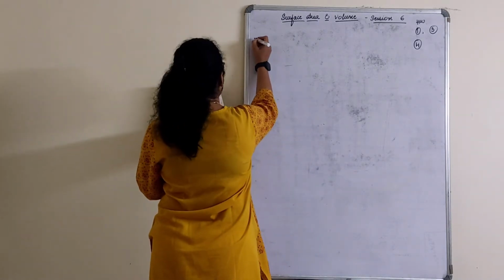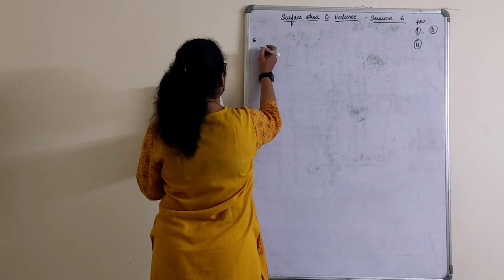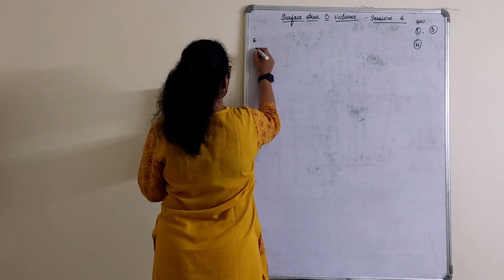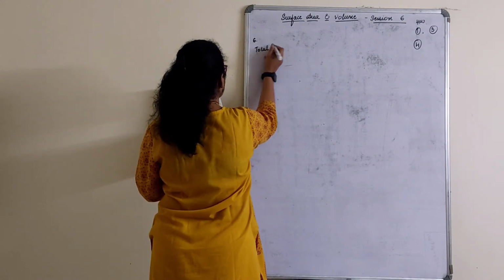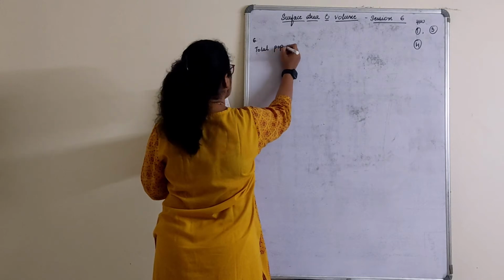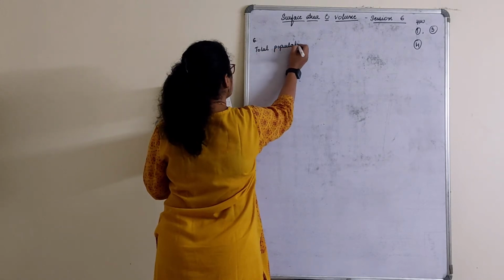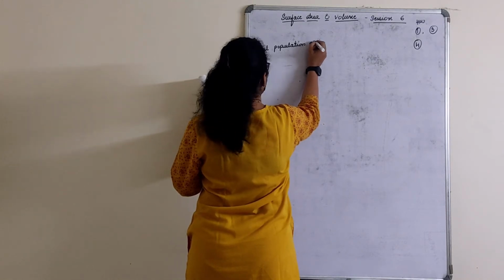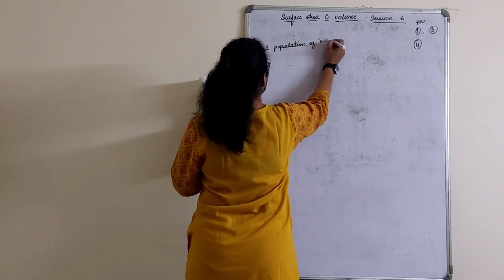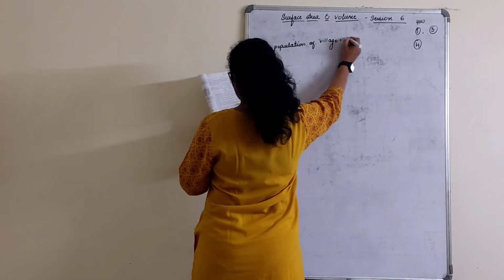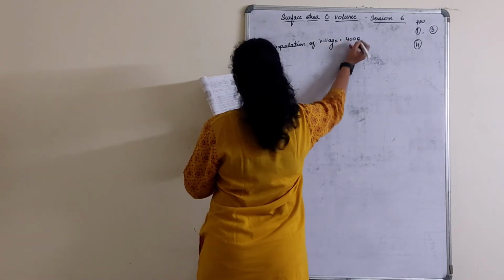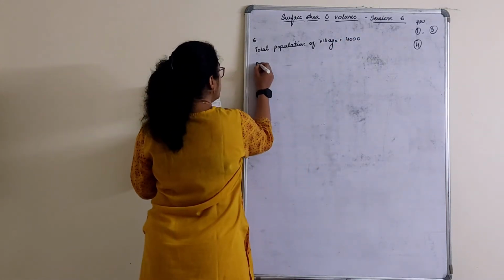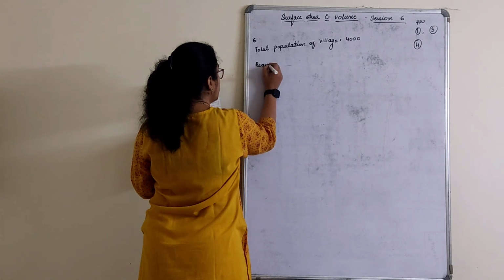So, first of all, let us write the given here. Total population of village is 4,000. Next, what they have given?